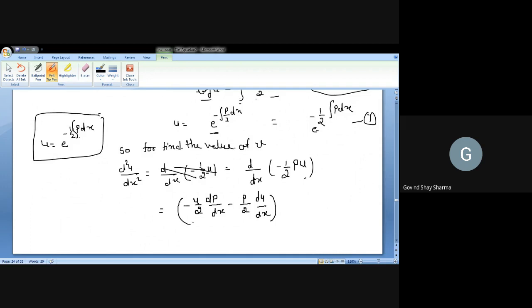First term, 1 by 2 is common, we can take dp upon dx minus p by 2 constant du upon dx with the uv formula. First and second we take.